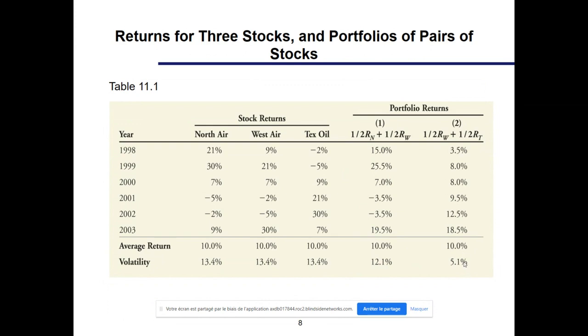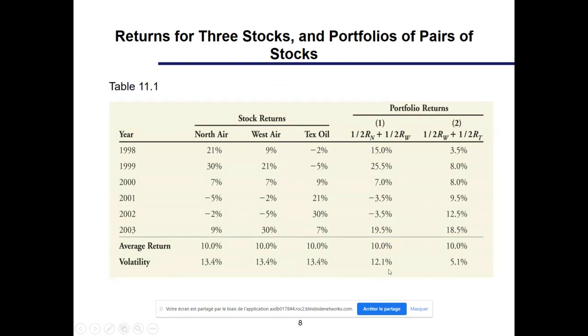As you can see, with the same expected return of 10% and 10% when I combine North Air and West Air, I still get some diversification benefits, reducing from 13.4% to 12.1%.